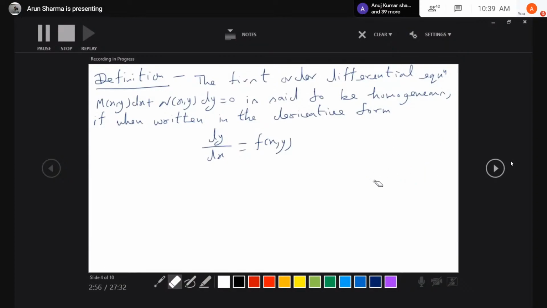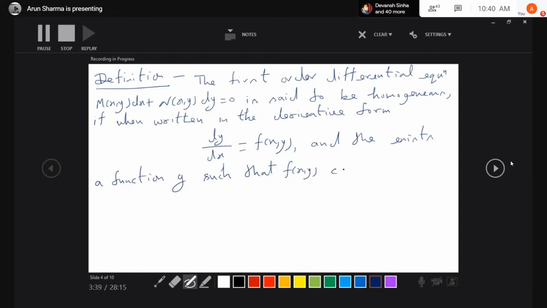If you write this, and there exists a function g such that f(x,y) can be expressed in the form g(y upon x).